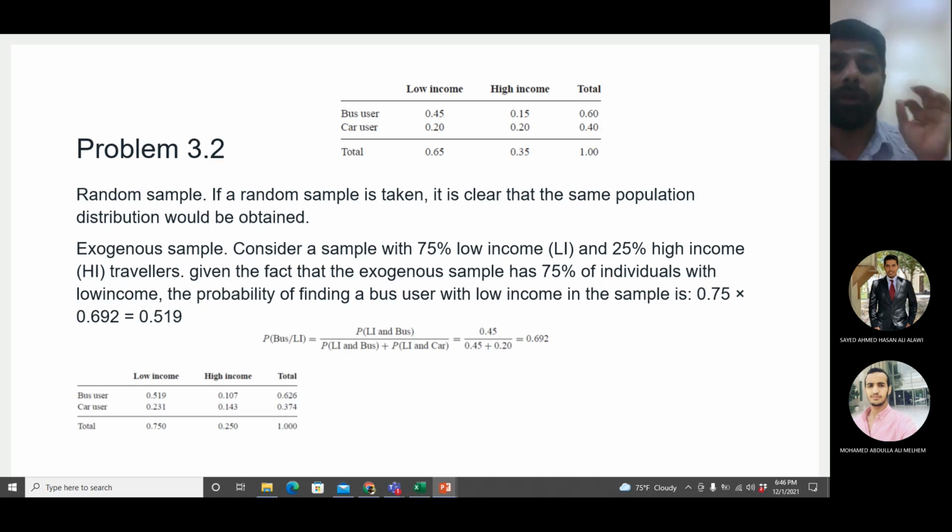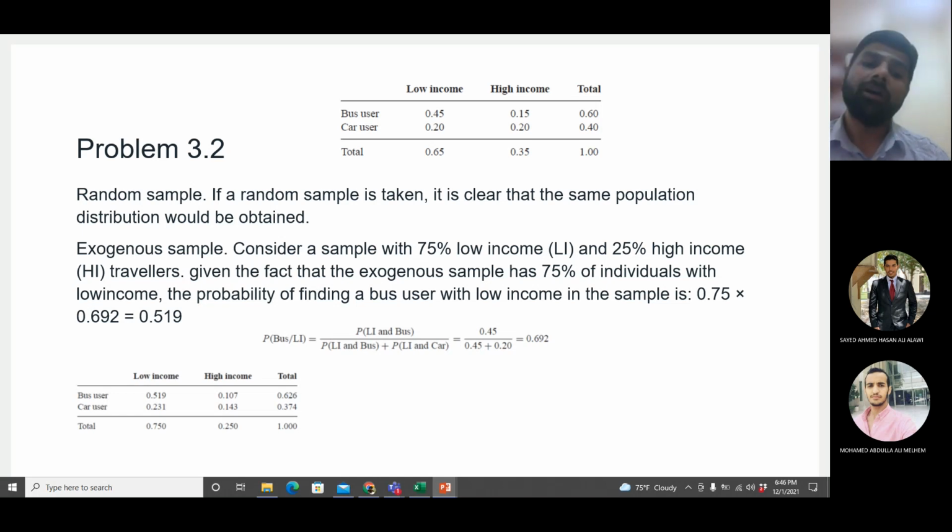So from the sample, what is the possibility that a person will choose a bus provided that he is in the low income group? So for that they are using the concept of conditional probability, which we discussed in the last chapter. So that's why we are going in sequence.